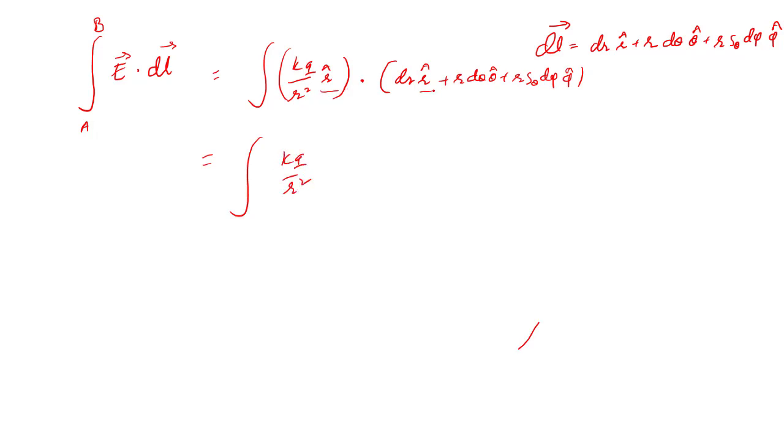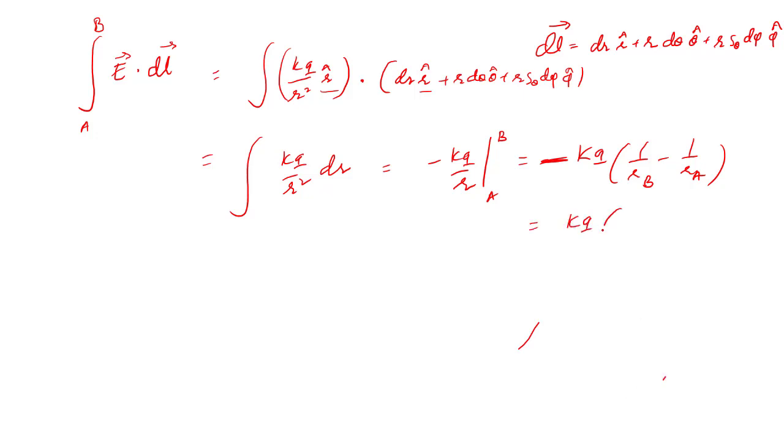Only r dot r survives, so I have dr, right? So then I have minus kq by r between points A and B, right? So then I would have minus kq 1 over rb minus 1 over ra, or I can rewrite that as kq 1 over ra minus 1 over rb.